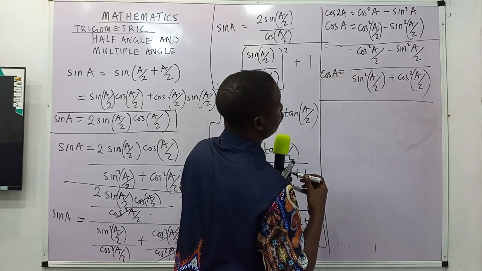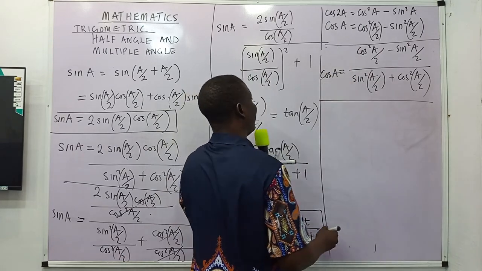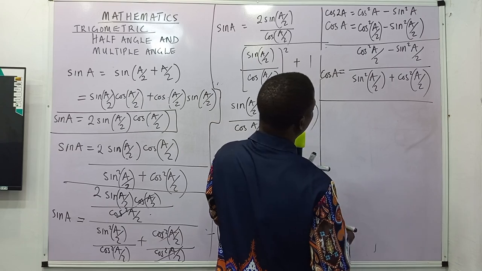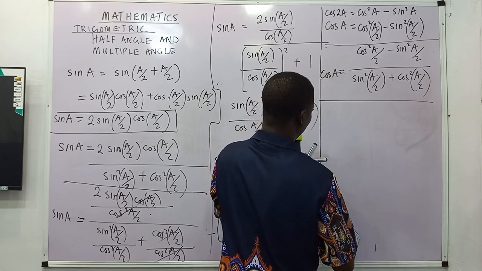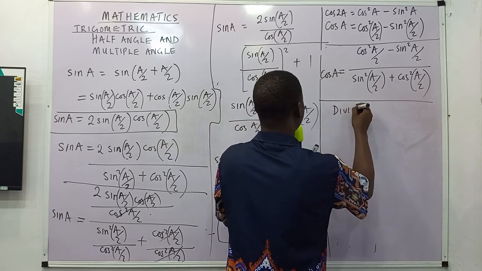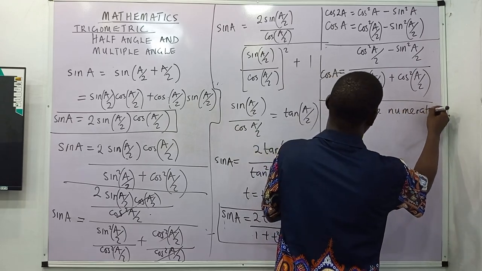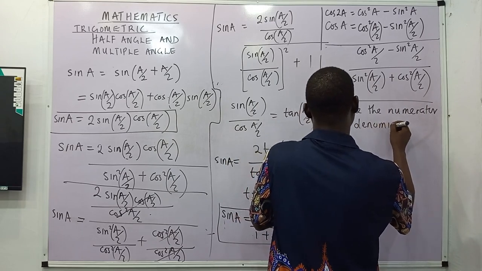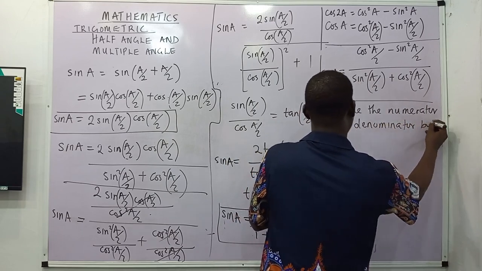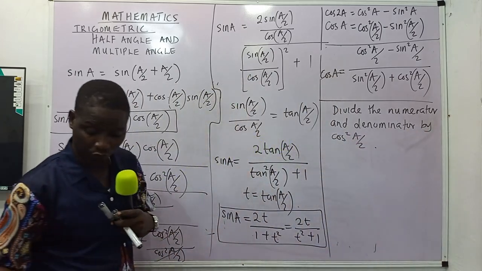Now, what I want to do is divide up and down, let's say divide all through, by cos square A over 2. So divide the numerator and the denominator by cos square A over 2. If you do that, what do we have?